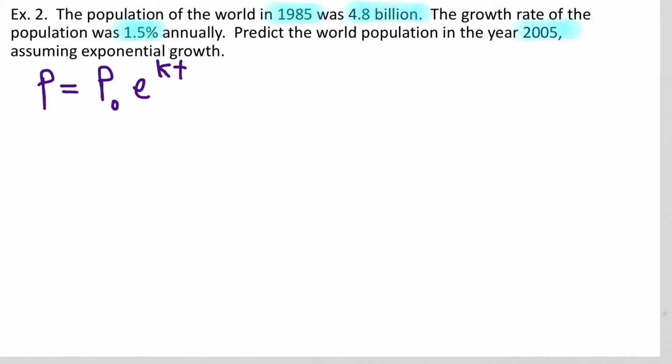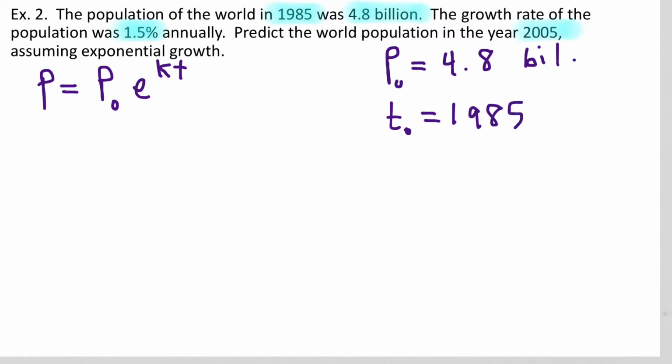Let's see what we can get out of this. Your initial population at the beginning time of the interval is 4.8 billion. Let me call that initial time T0. So this is P0, and your initial time, T0, is 1985. Then we're going to a time T of 2005.